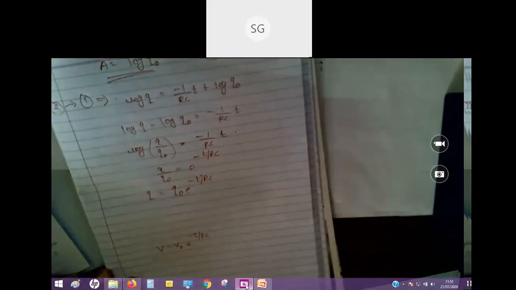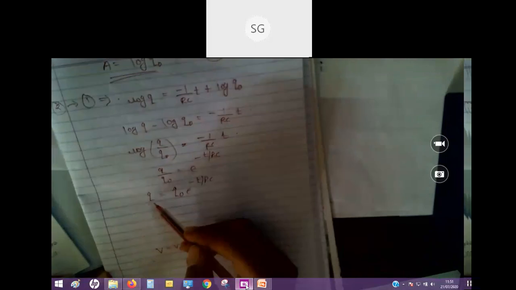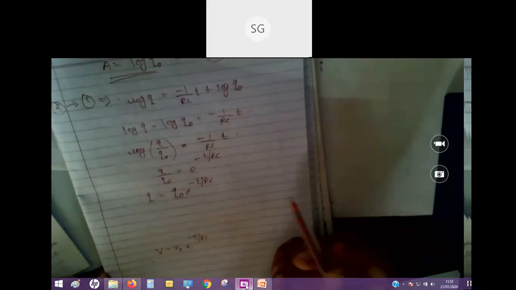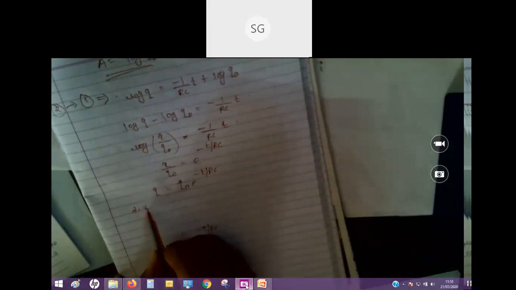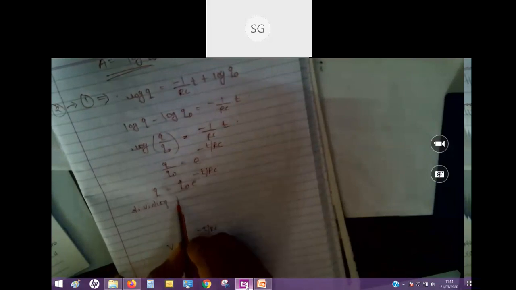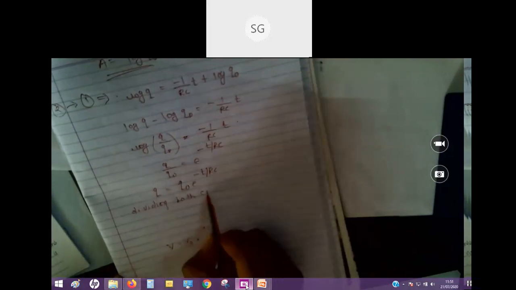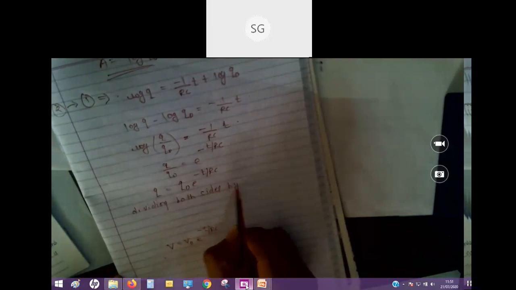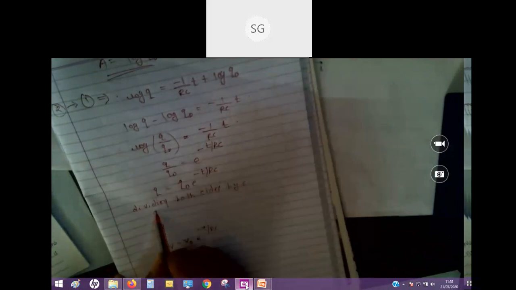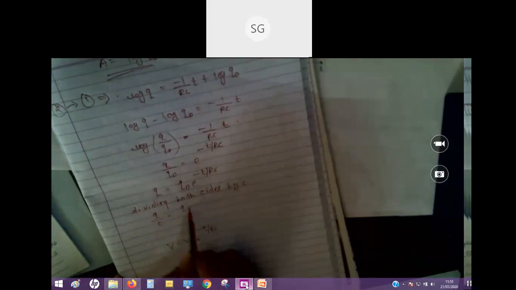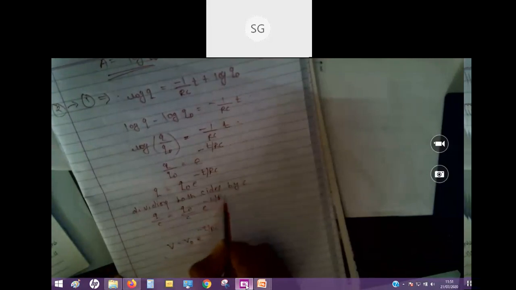If you want to get from q to v, then what we will do is divide both sides by C. So q upon C equal to q naught upon C e raised to minus t by RC.